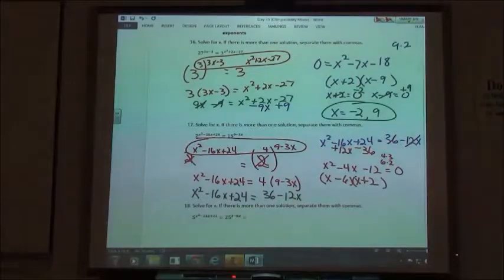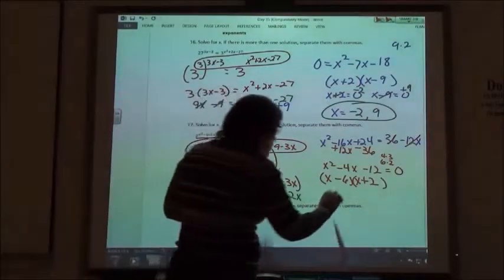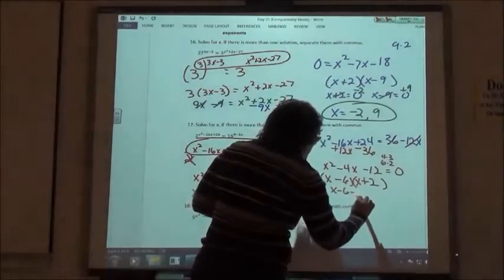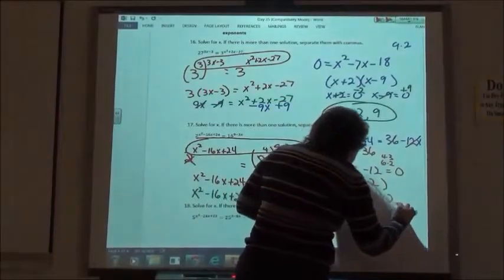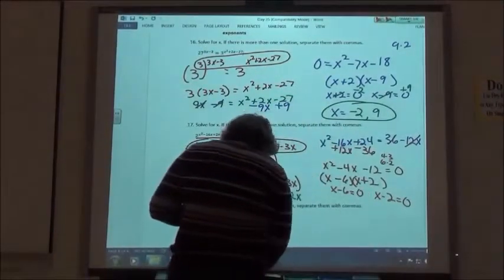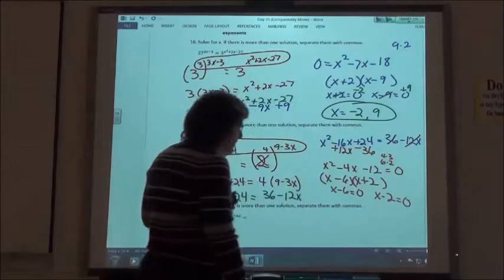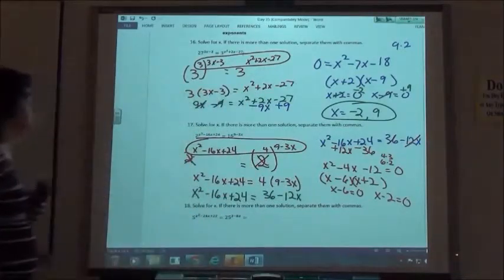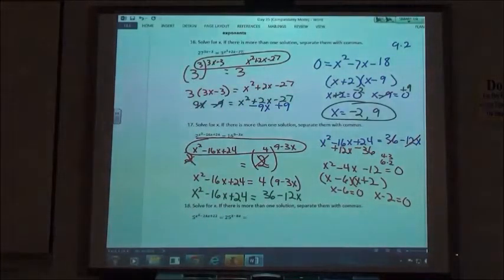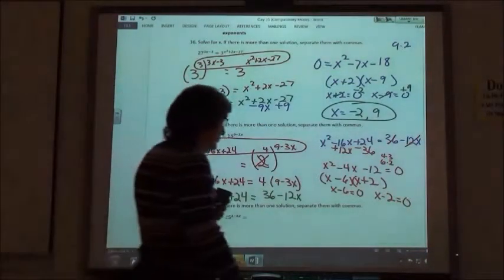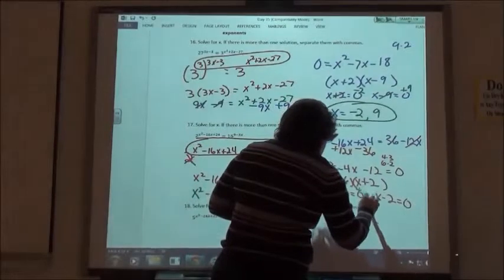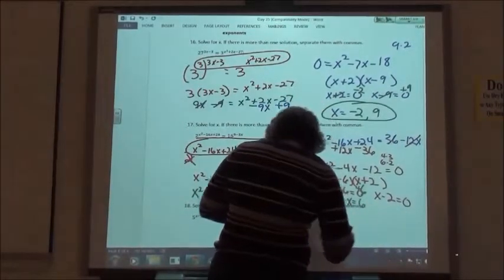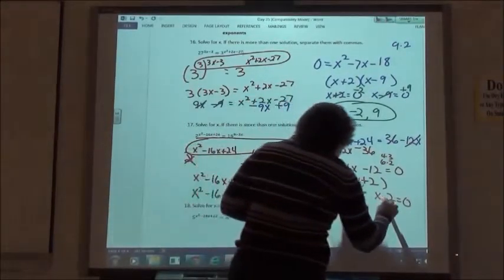Okay, now we're going to set them each equal to 0 and solve. So if x minus 6 equals 0 and x plus 2 equals 0, what do we do to solve those two things? We're going to add 6, so x equals 6.